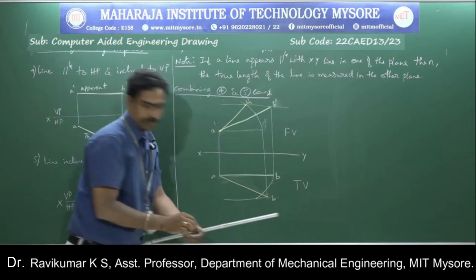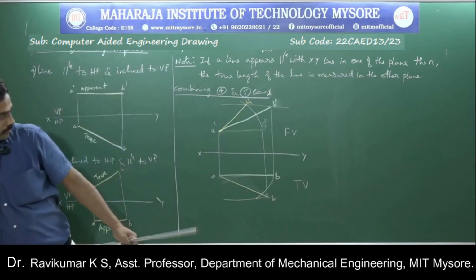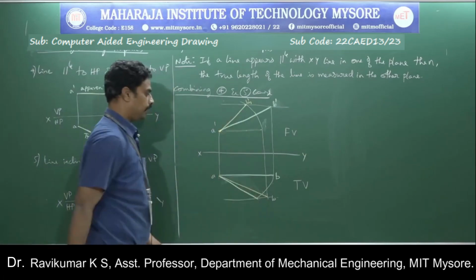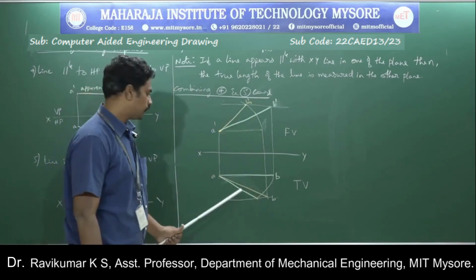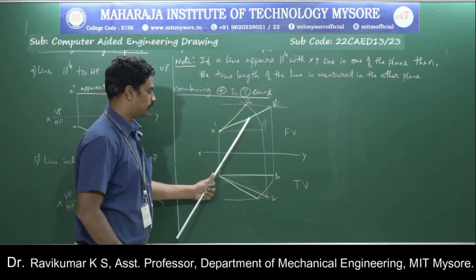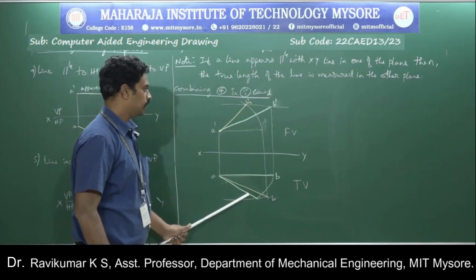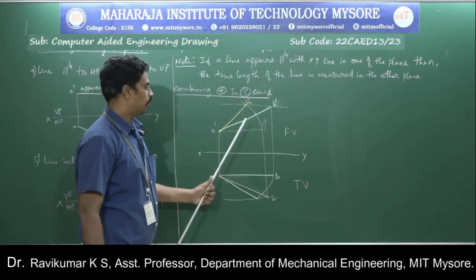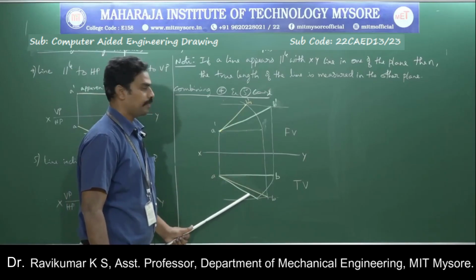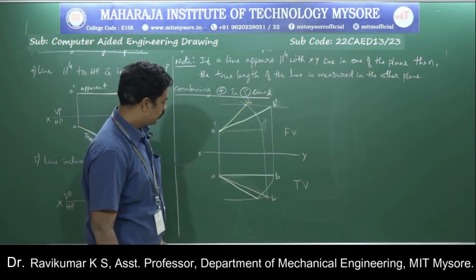Now if you join these 2 points, this will be the apparent length of the line. This is the true length of the line, this is the apparent length of the line.